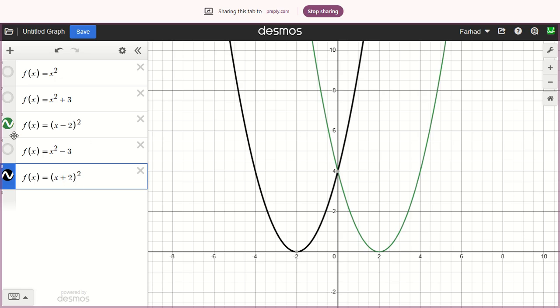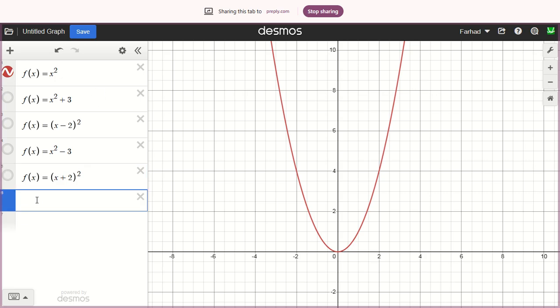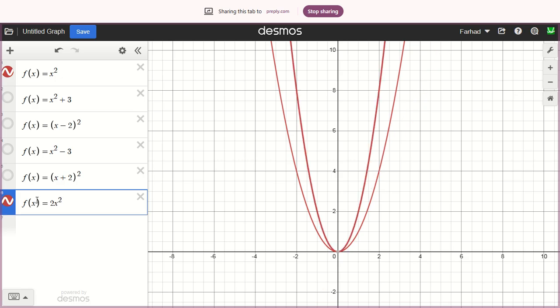And also now, if we add some coefficients, then what happens here? Okay, this one is the basic function, right? That is the main function. Okay, now if we add f of x equals 2x square.